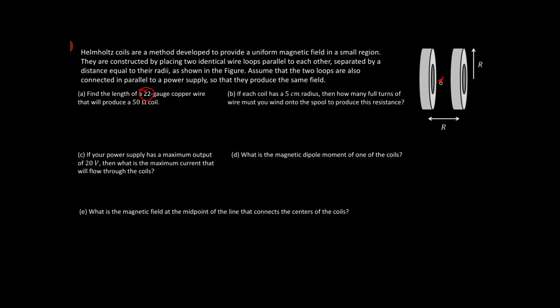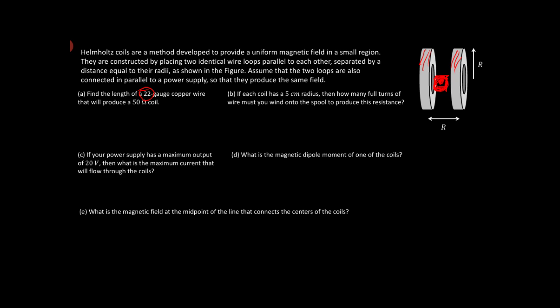These are called Helmholtz coils, which means they have a very uniform field in the middle. It's not perfectly uniform, but it's quite uniform, and that's good for measurements, so you don't add any issues due to inhomogeneity in the field.